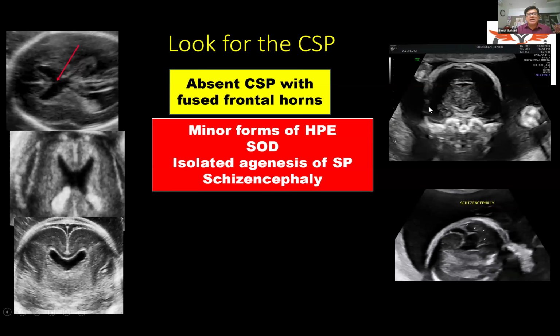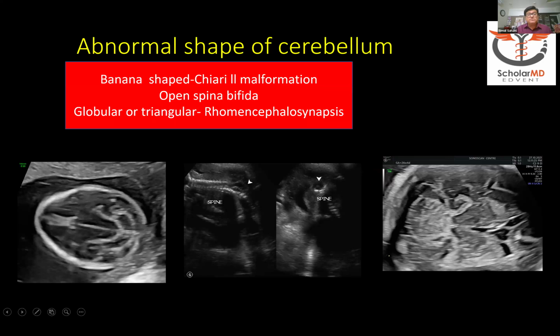The CSP is absent. The other causes could be septal agenesis, which could be either isolated septal agenesis or septo-optic dysplasia, or schizencephaly, where you have these kinds of clefts, and in these cases also you can have an absent CSP.